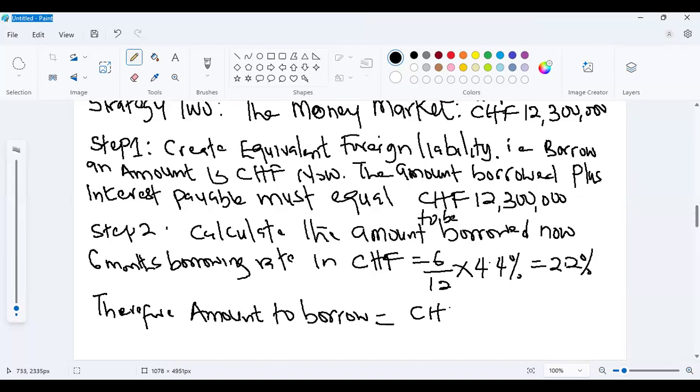The target amount is 12,300,000 divided by 1 plus the 6-month borrowing rate, 2.2%, 0.022.